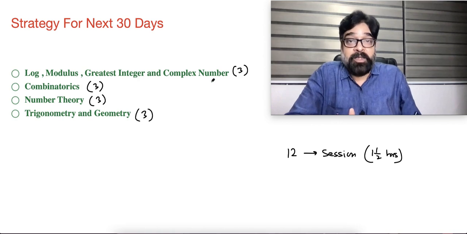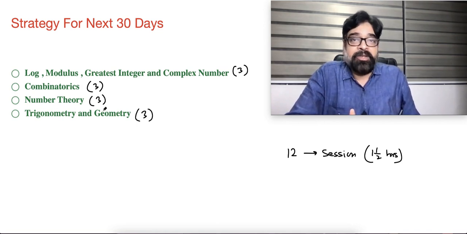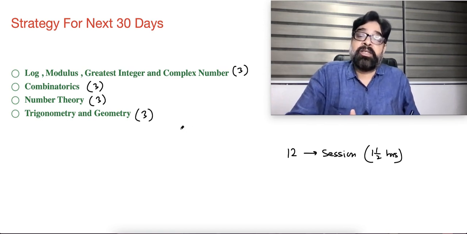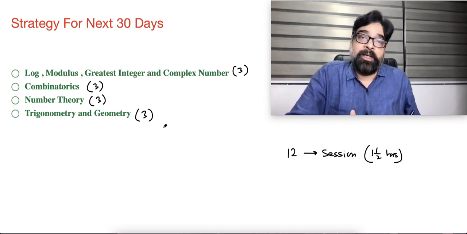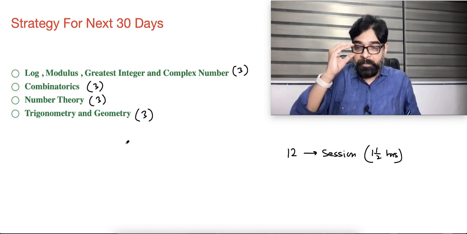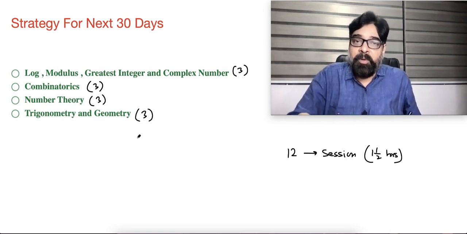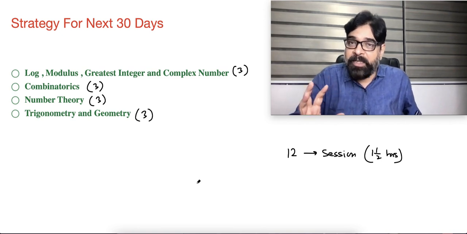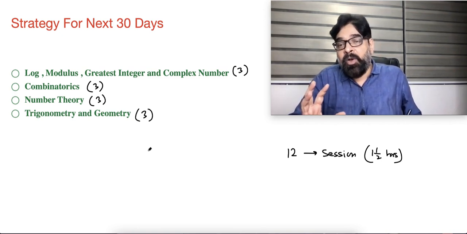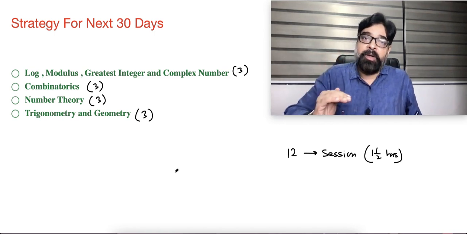We'll complete this one. Then the next 3 sessions we'll do combinatorics. Then the second last 3 sessions we'll do number theory. And the last 3 sessions we'll do trigonometry and geometry. You may ask, sir, why geometry at the last? See, geometry is one of the important chapters, because in the AIME examination, one time they will increase geometry, but they will decrease combinatorics.